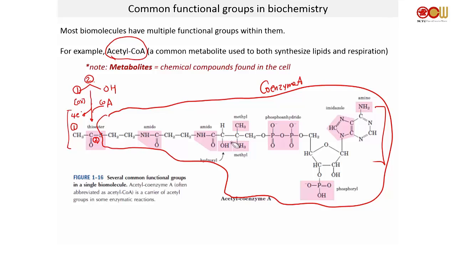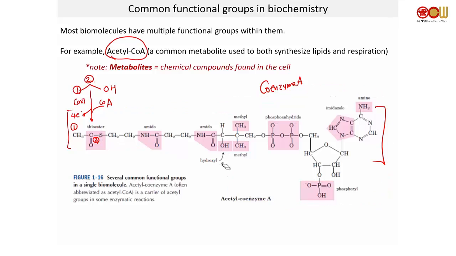Now, coenzyme A. If you look at coenzyme A, you have a thioester, you have an amido, you got another amido, methyl groups right here, alcohol hydroxyl groups right there, phosphoanhydride, you got phosphoryl, you got imidazole, you got amino.